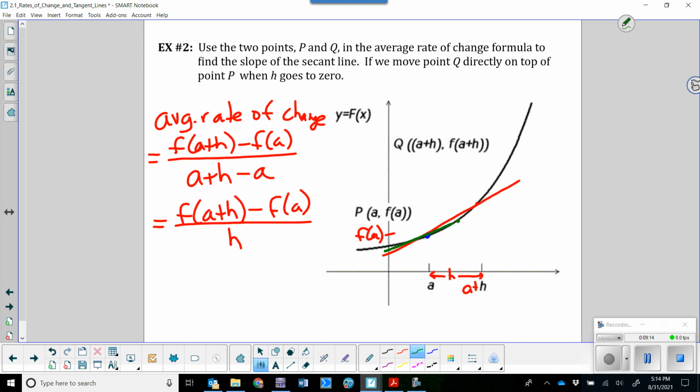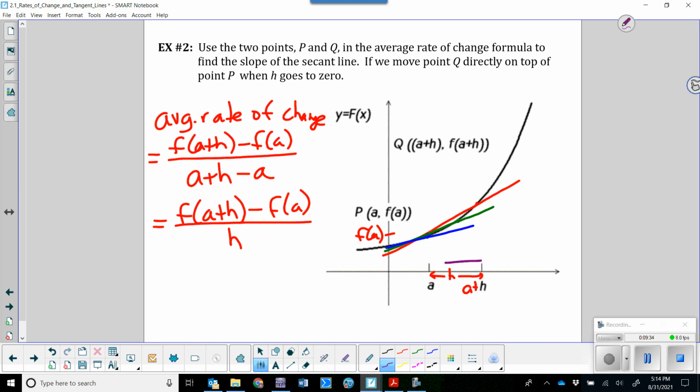And now I connected the 2 points. Well, that's actually a little bit closer to the slope that I would have right here at a. If this is the tangent line that I'm interested in, if I just move the point closer, that slope is better. It's better than the red one. The green one is. I'm just making h smaller.